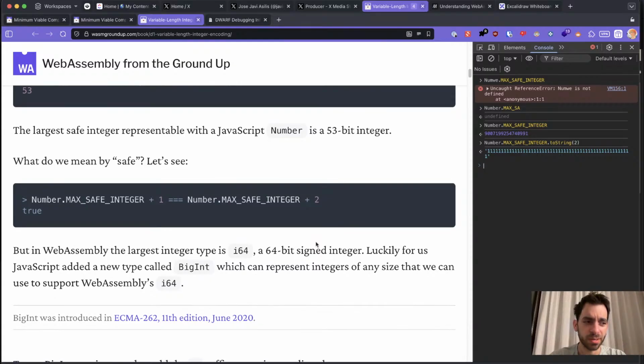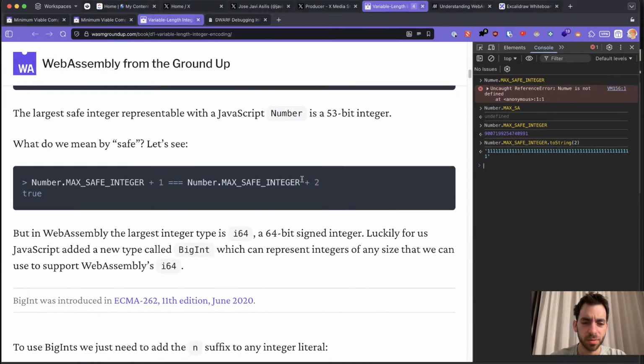What do we mean by safe? Let's see. Number.MAX_SAFE_INTEGER. Oh, got it. It overflows, right?